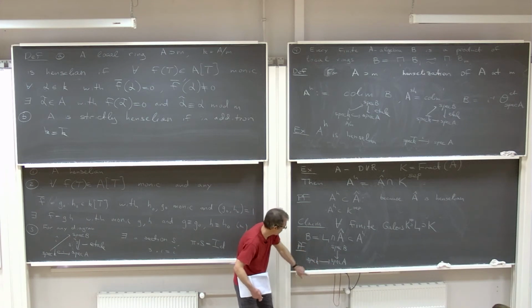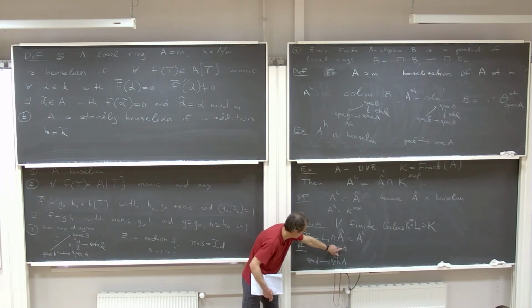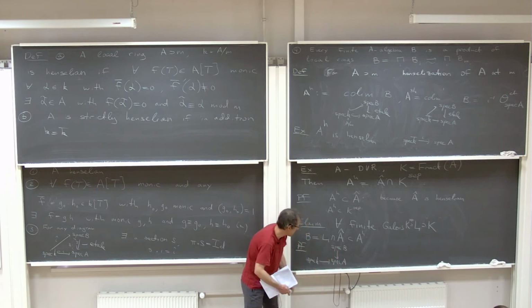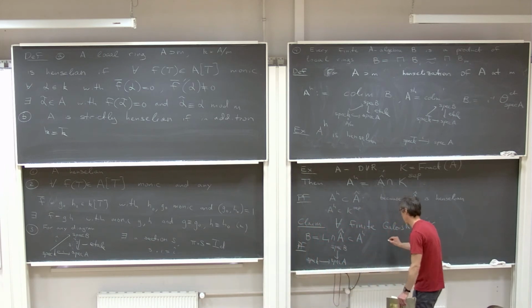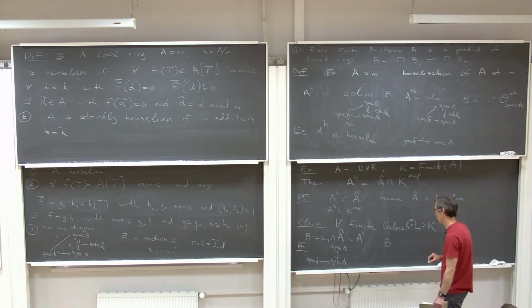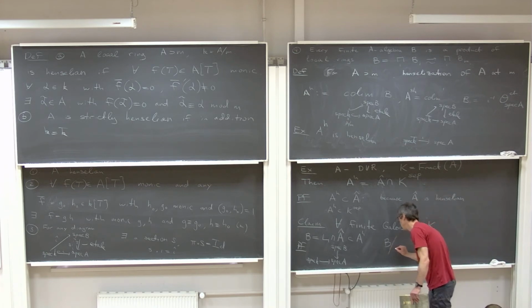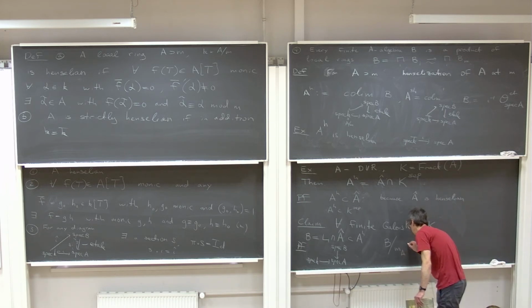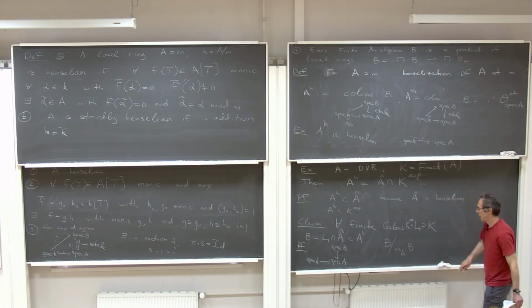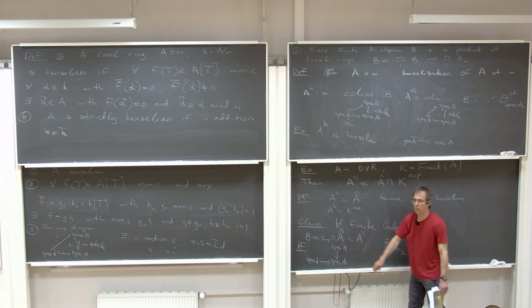Well, first of all, B is finitely generated over A as an algebra. And secondly, B modulo the maximal ideal, let's compute it using this definition.